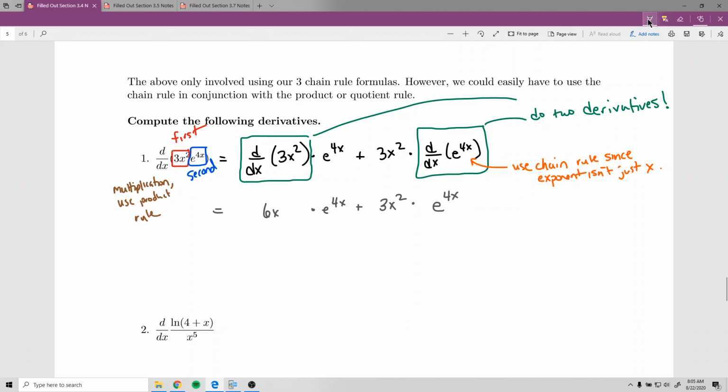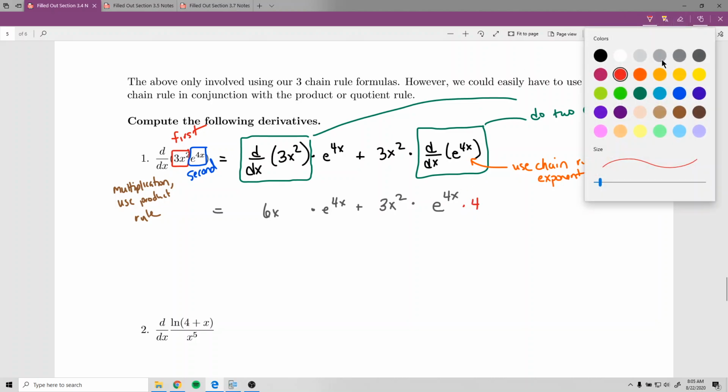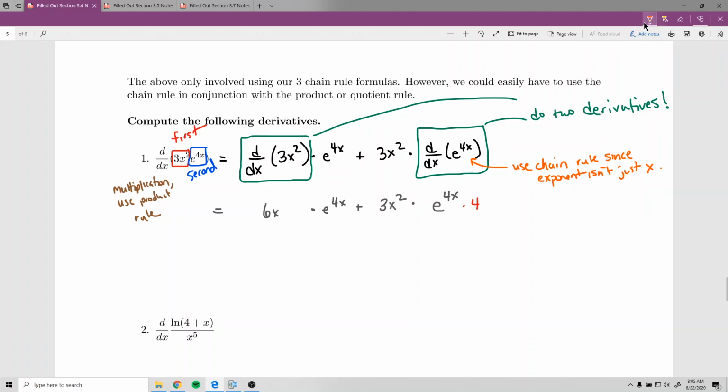And then we multiply by the derivative of the inside, the derivative of 4x is 4. And that's what the chain rule gives us for that part.